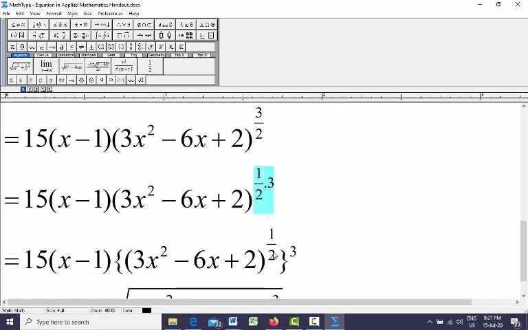We can write it like 3x square minus 6x plus 2 power half, and then over the bracket another power 3.